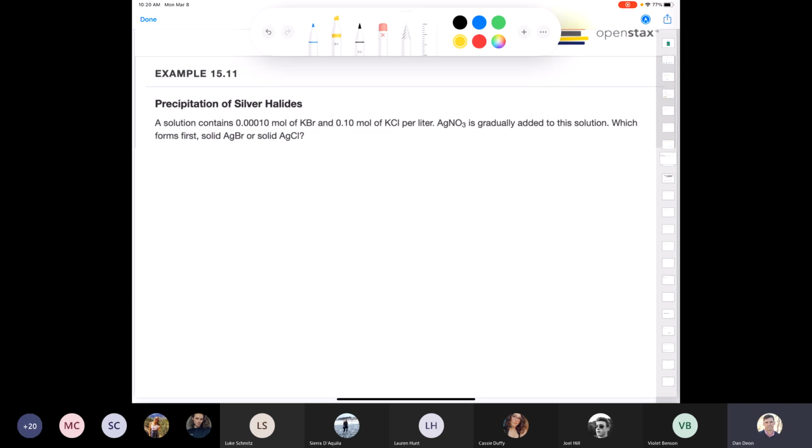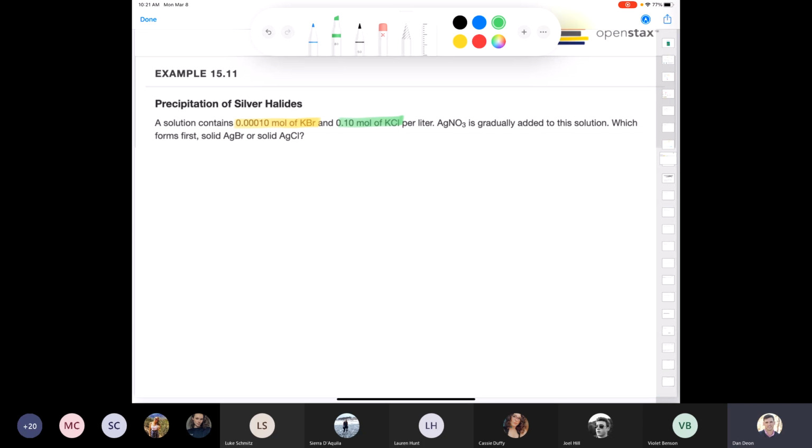It says here, you get a solution, and you've got 0.00010 moles of KBr and 0.10 moles of potassium chloride per liter. So you know what the concentration of each of them is, because it's 1 liter, so that's pretty easy.